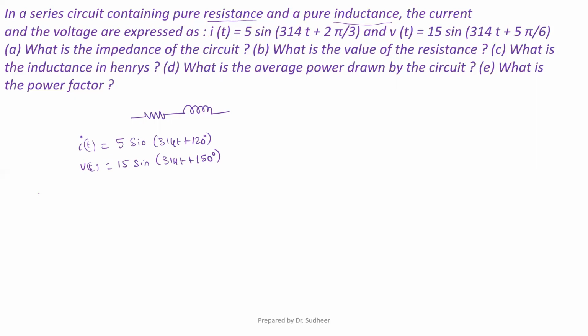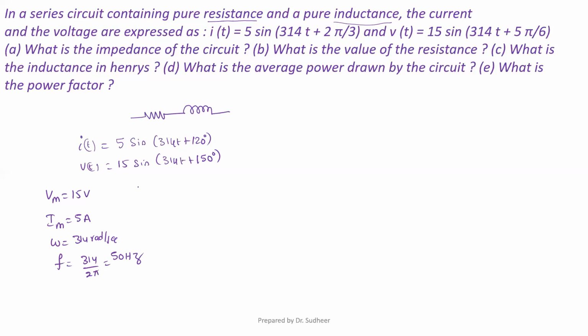From the given data, what is Vm? Vm is 15 volts. What is Im? Im is 5 amperes. What is the frequency? Omega is 314 radians per second, so the frequency is 314 by 2 pi, which will be 50 hertz.